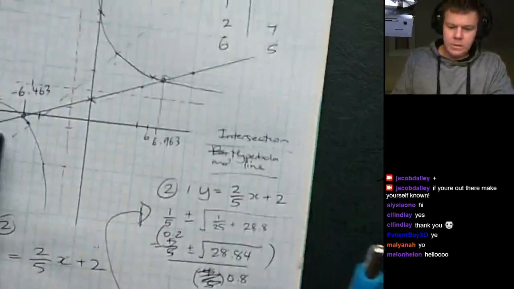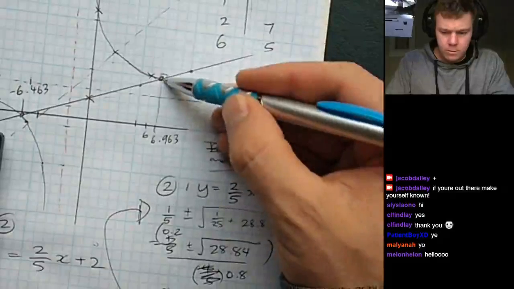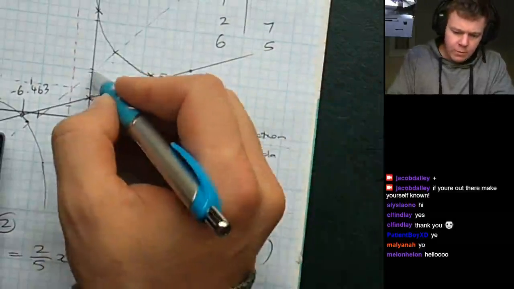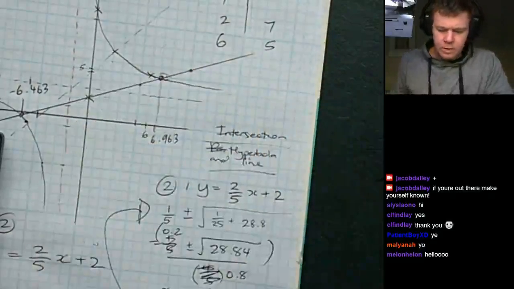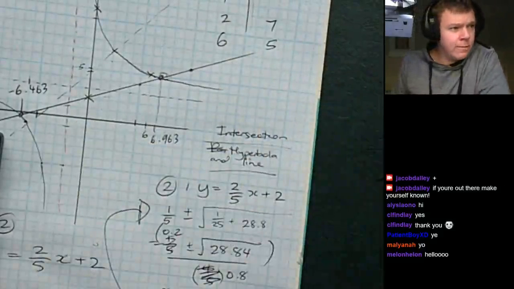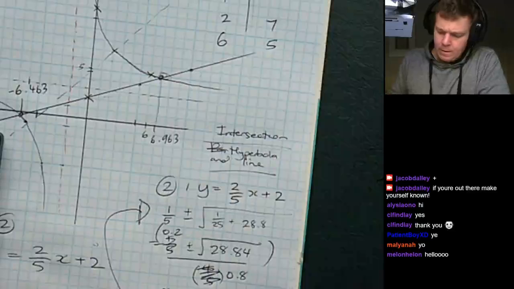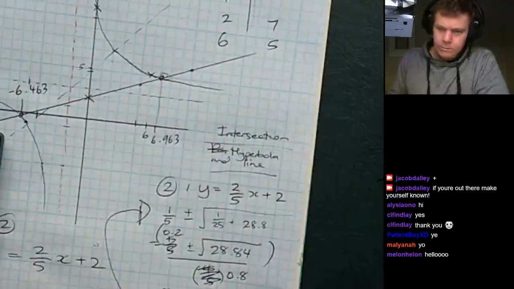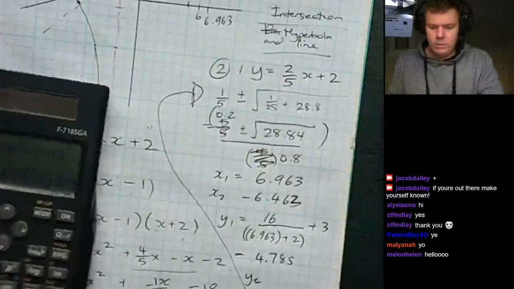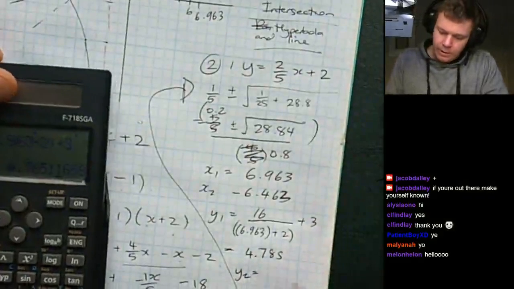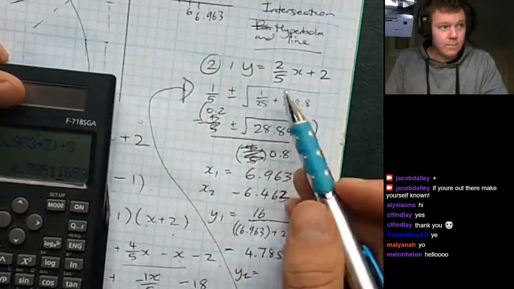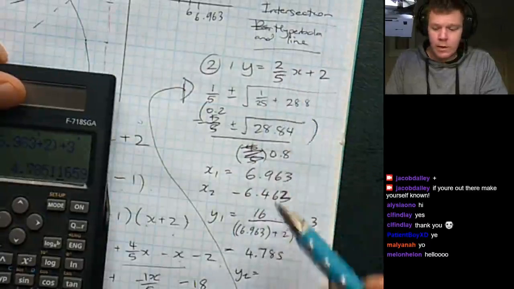Does that sound feasible back to here? Yeah, because that was very close to 5, just a little bit lower than 5. That makes sense. And our Y2, well, we could use the hyperbola.